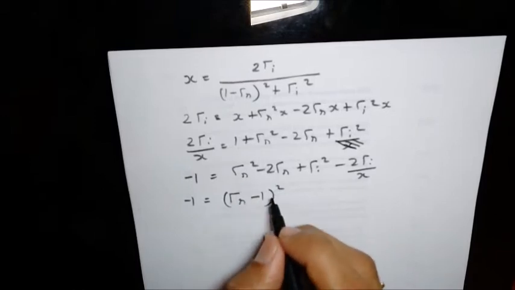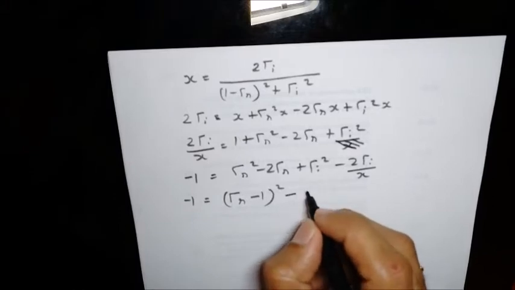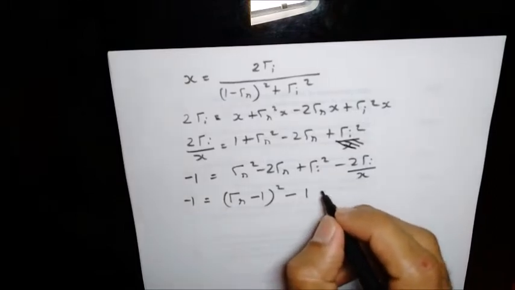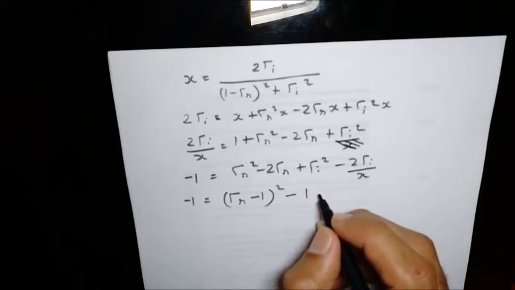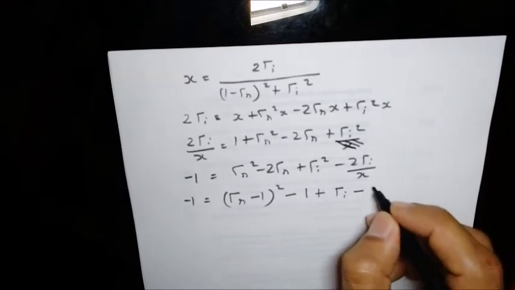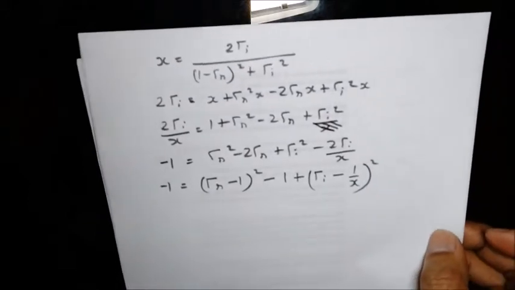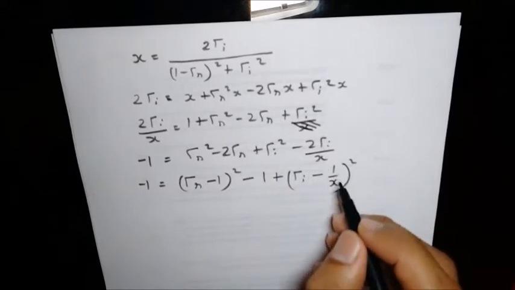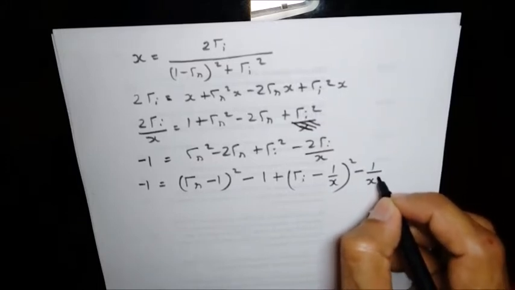So gamma r square will be there, minus 2 gamma r will be there, an additional 1 will come, which I can take care of by doing this. And now I use the completion of squares method here, and I will end up doing this, gamma I minus 1 by x whole square, that will give me gamma I square minus 2 gamma I by x plus 1 by x square. So I have to compensate for that like this.